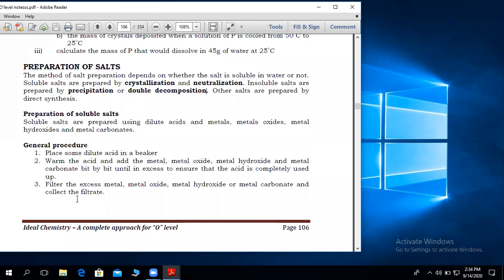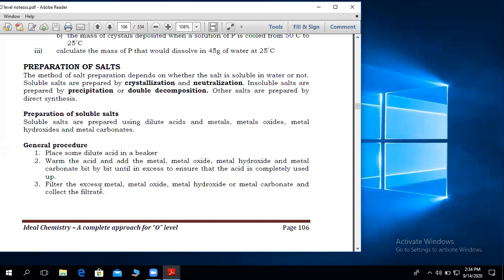Then we are saying add metal or metal oxide or metal hydroxide or metal carbonate bit by bit, or little by little, until in excess, to ensure that the acid is completely used up.